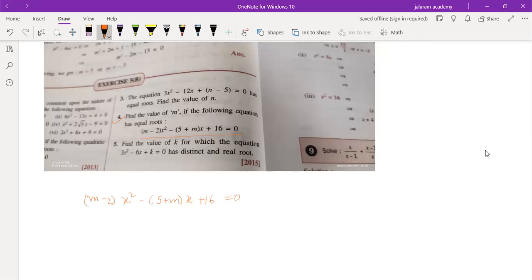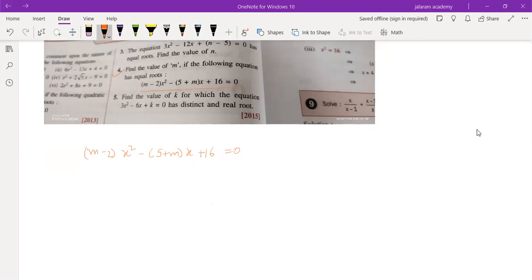Now we have to find the value of m for which this equation has equal roots. Okay, so what is the condition for equal roots? For equal roots, discriminant equals 0.